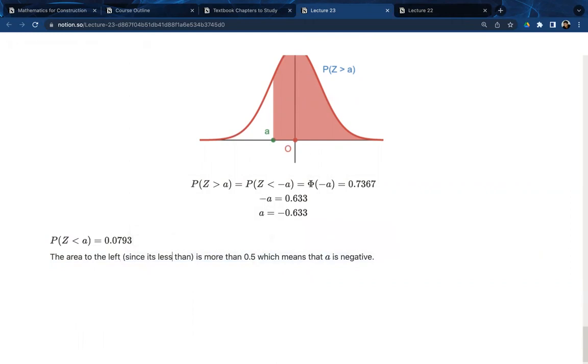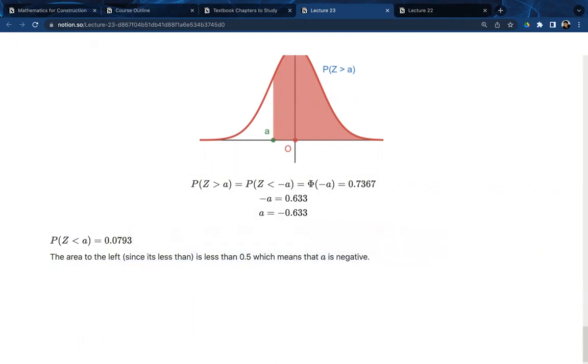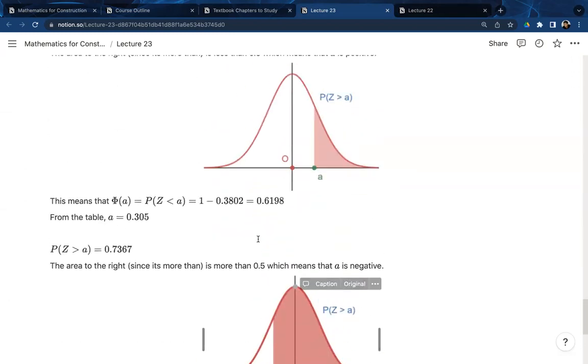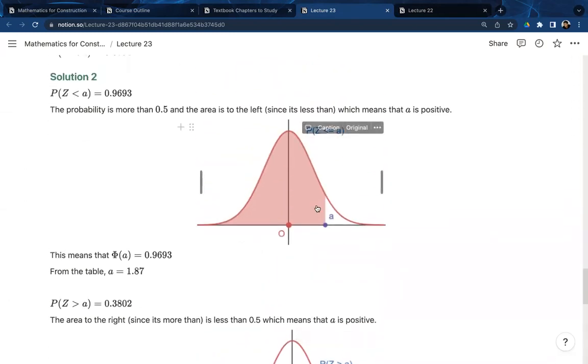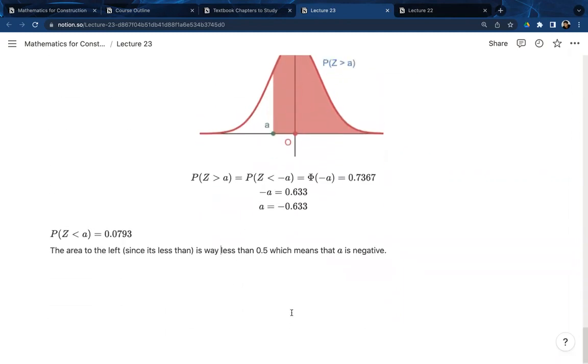It's way less than 0.5, so the area to the left is very small. For this area to be less than 0.5, I have to slide this A quite far left of the origin. So A has to be negative here. This means A is negative, right?